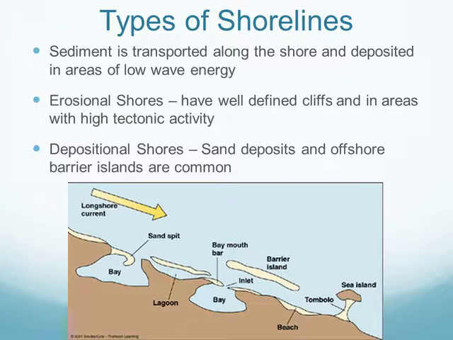And so erosional shores will typically have well-defined cliffs and will typically be within high tectonic activity areas, but essentially erosional shores are where you see a lot of wave activity. Your depositional shores are quite the opposite. They are not found in high tectonic activity or high wave activity areas, and so they tend to have more sand deposits, and they typically will have barrier islands along the coastline.